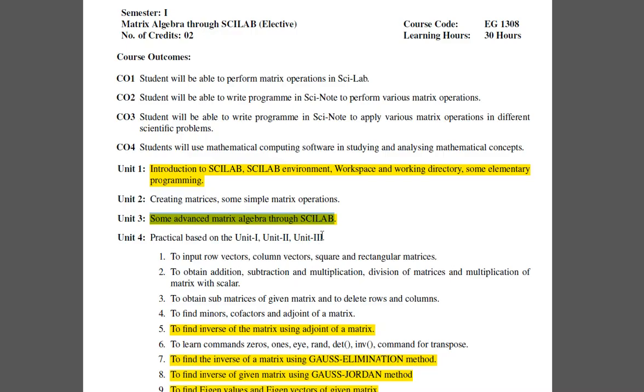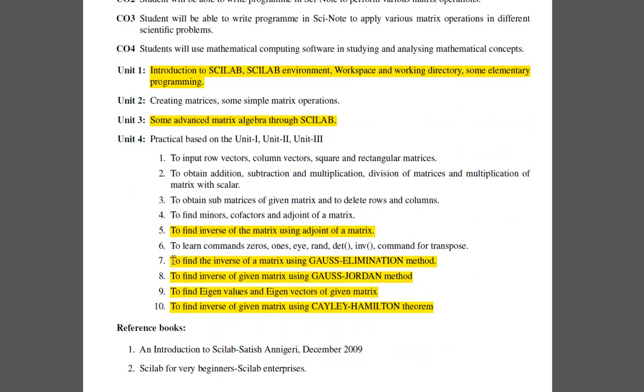Advanced matrix algebra through SciLab, that also we have done. We have done in the practicals to input row and column vectors, square and rectangular matrices, obtain addition, subtraction, multiplication, division of matrices, and multiplication with scalars also. We have done obtaining submatrices for a given matrix, deleting some rows and columns, finding minors, cofactors, and adjoint of a matrix. We can find the inverse of a matrix using the adjoint of the matrix.